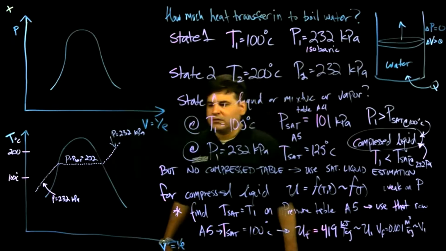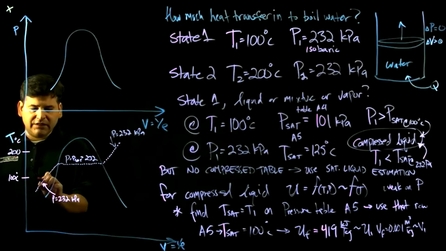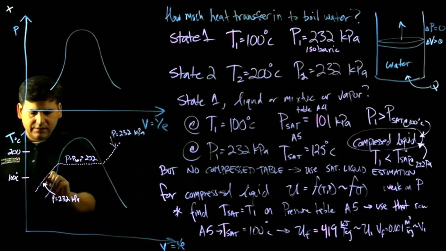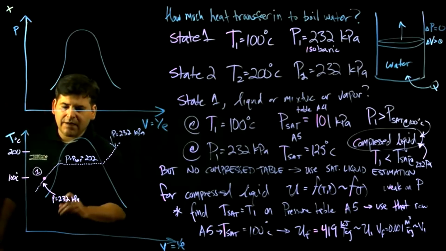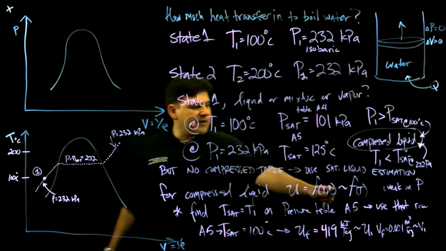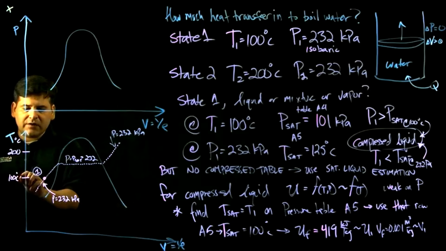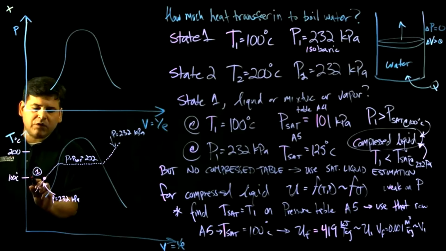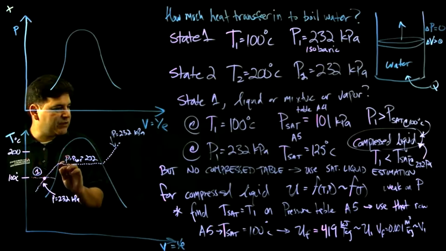So what did we just do? What we did was we said we are actually here on this 232 line, we're actually in this compressed liquid region. And by the laws of physics invested in me, we said that only the temperature matters. So if only the temperature matters, then basically all of these properties at the same temperature are similar for liquids, both compressed liquid and saturated liquid.